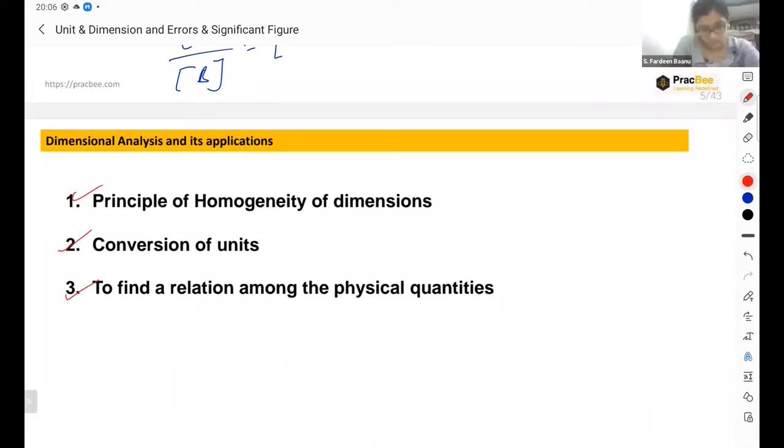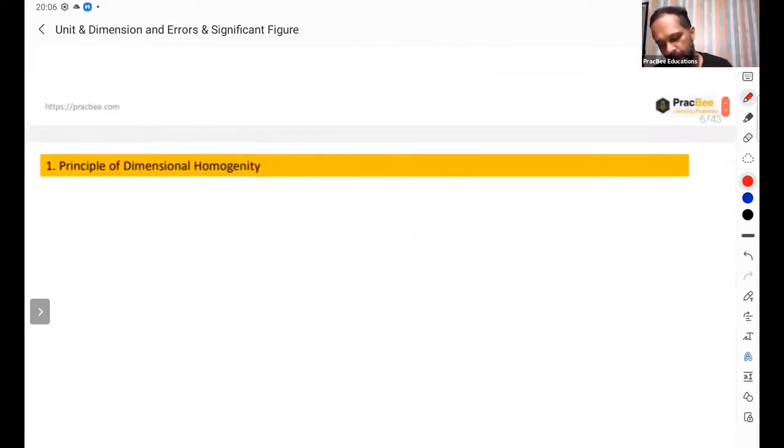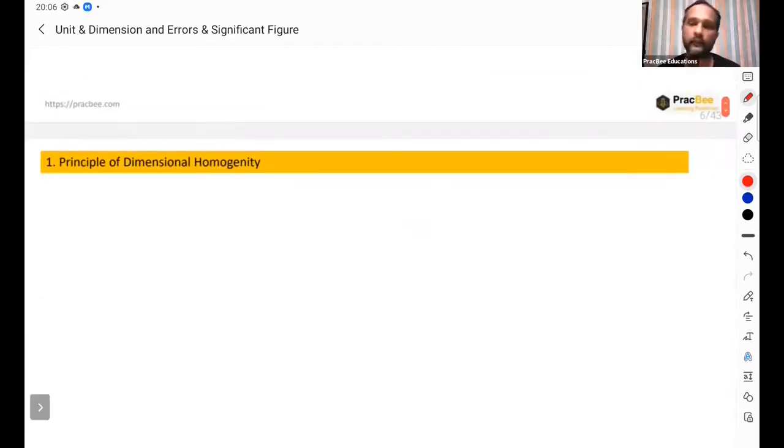So let's discuss one by one what we mean by all these words that I have written here. The first is the principle of dimensional homogeneity. What does this mean? The meaning is very simple.